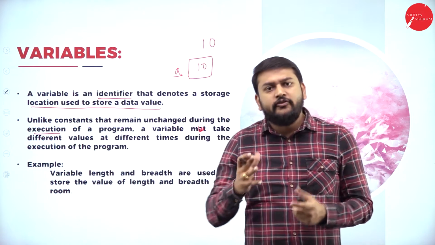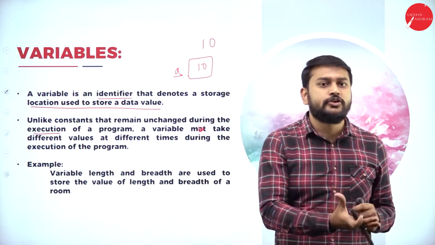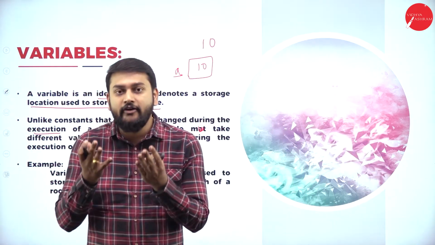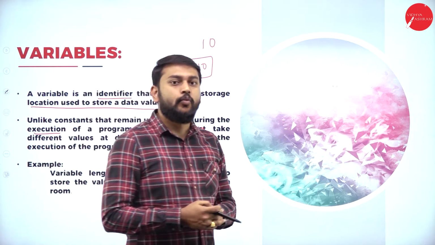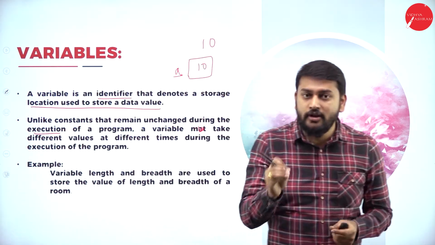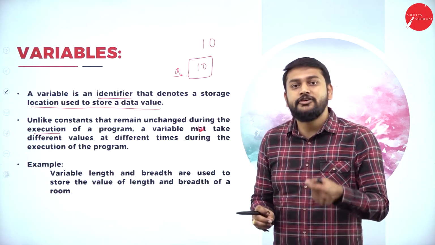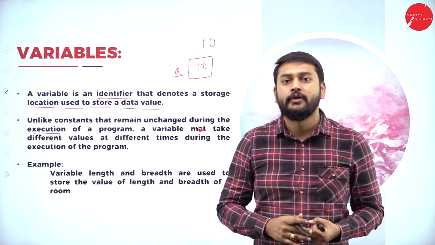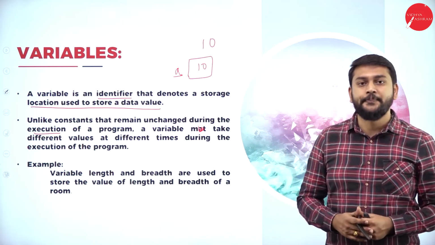Say for example, if I have a value that is not changing throughout the execution of the program, then I will call that a constant. Suppose I have a variable: whatever I'm storing inside the variable should be flexible enough to have different values throughout the execution of the program. That's the speciality of the variable that you should remember.